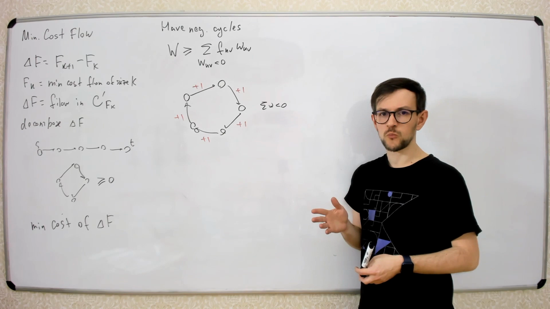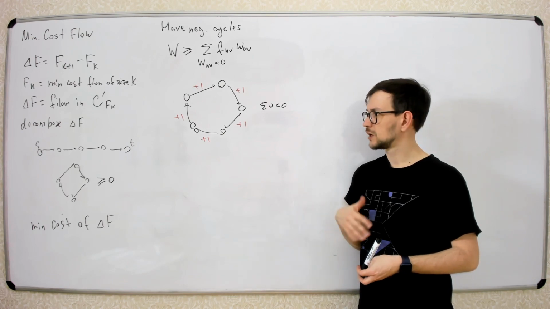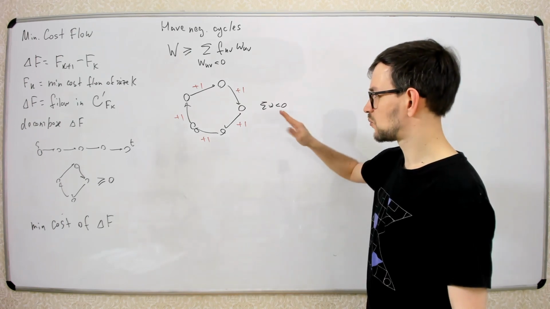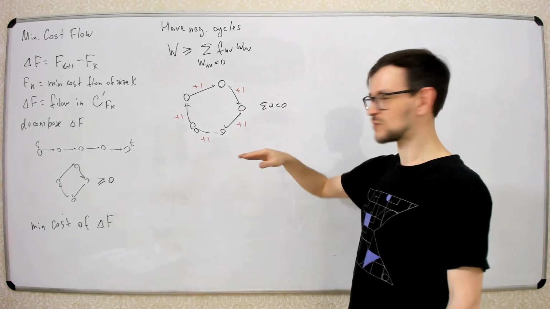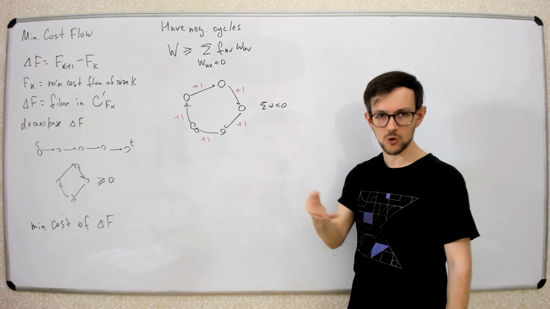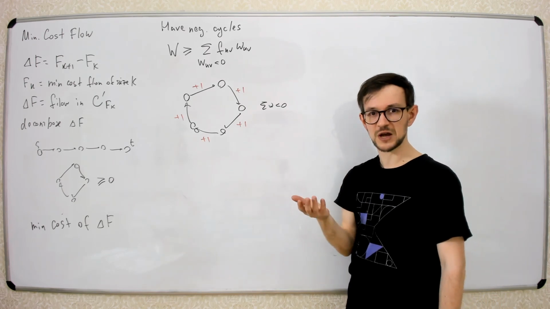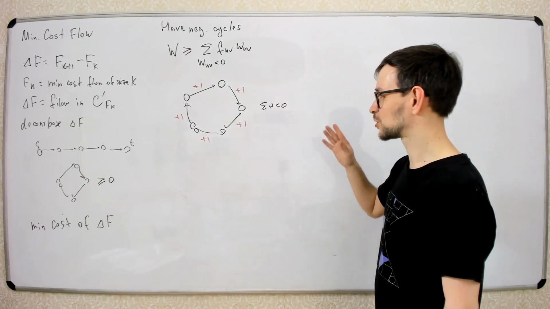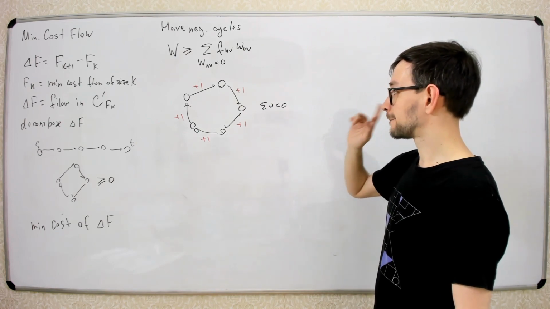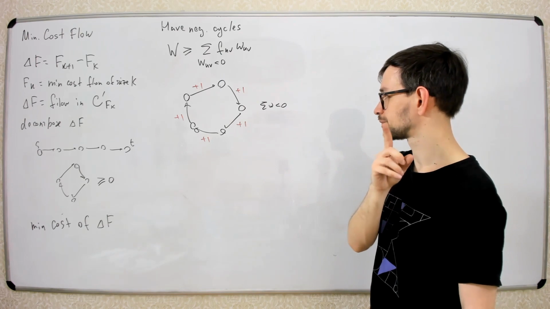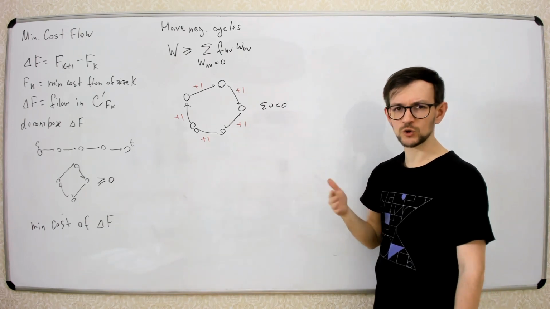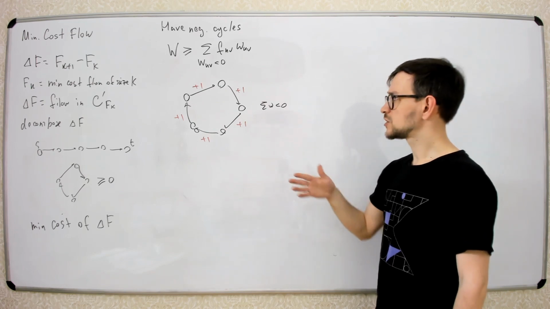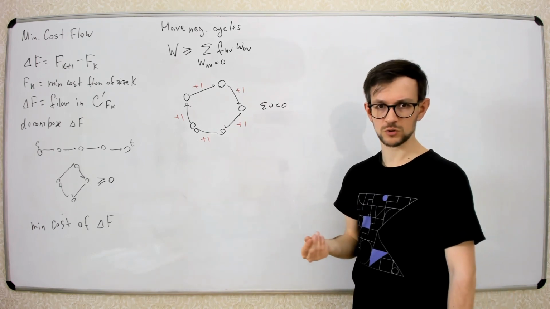Actually, there are a lot of problems which can be described as a problem where you need to find a flow and you have negative cycles. It's practically important to solve this problem. But usually what happens is that you need to find not the flow in this problem, but just a circulation. So let's just find the flow of size 0.